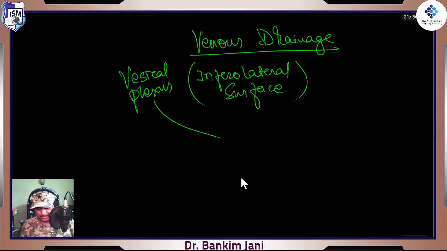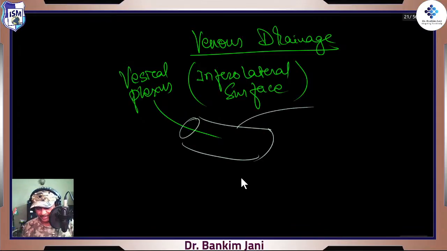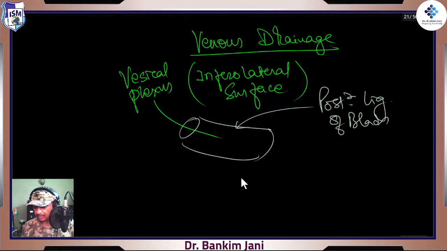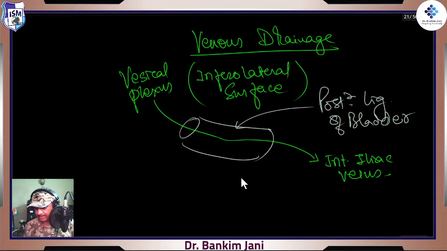From these vesical plexus, those veins go through, as we saw, the posterior ligament of the bladder. And through that posterior ligament, finally they all land, as a final destination, in the internal iliac veins. But the key point is that they go via the posterior ligament of the bladder.